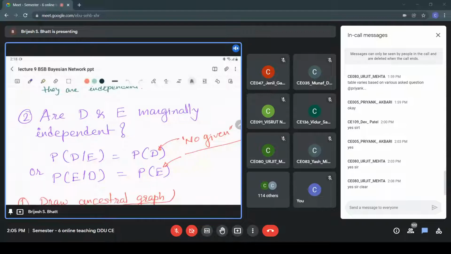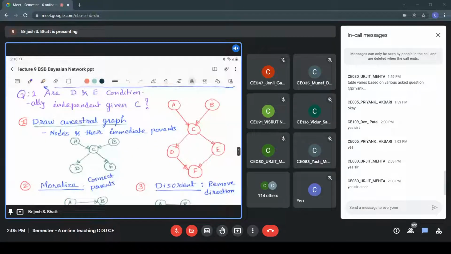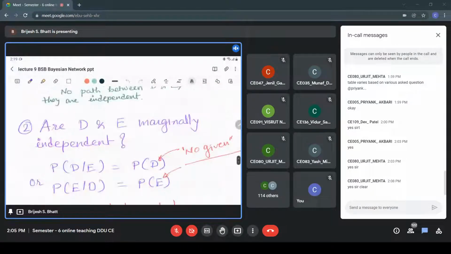How do we do this now? We are asking for the same Bayesian network, this red color network. But now there are only two variables D and E, and we are looking at the marginal independence. So not given C. C is not given. So what will be the ancestral graph now?